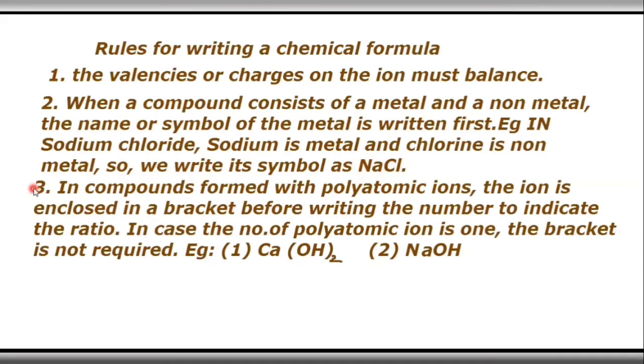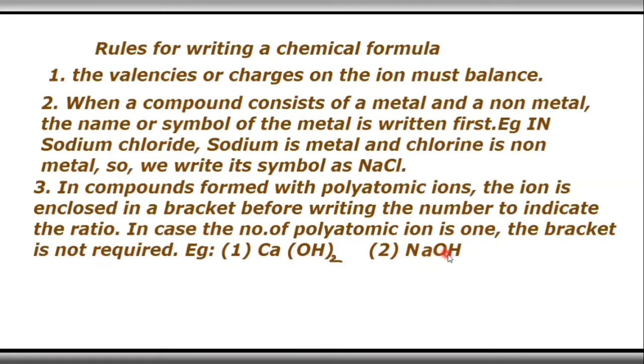And third point, in compounds formed with polyatomic ions, the ion is enclosed in a bracket before writing the number to indicate the ratio. In case the number of polyatomic ions is 1, the bracket is not required. As you can see in the first example, OH is a polyatomic ion and it has 2 charges, that's why we need to put a bracket.